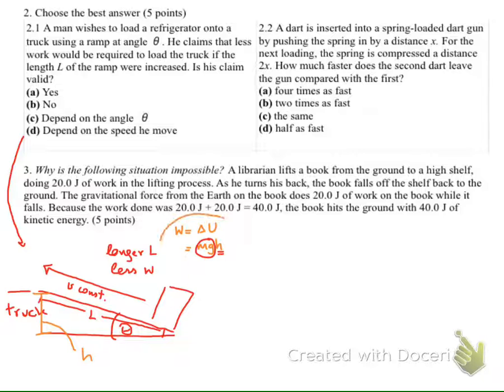Because here you can see that W depends only on h. So it means that his claim is not valid, because you cannot reduce the work by increasing the length L.